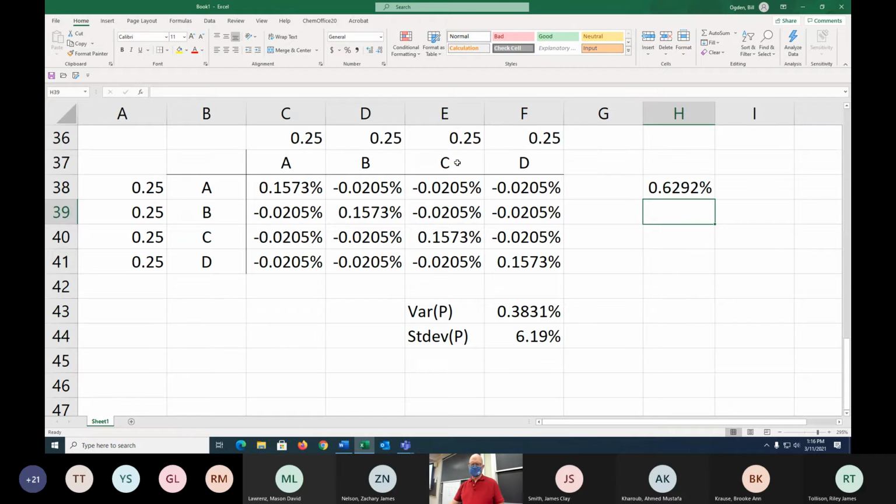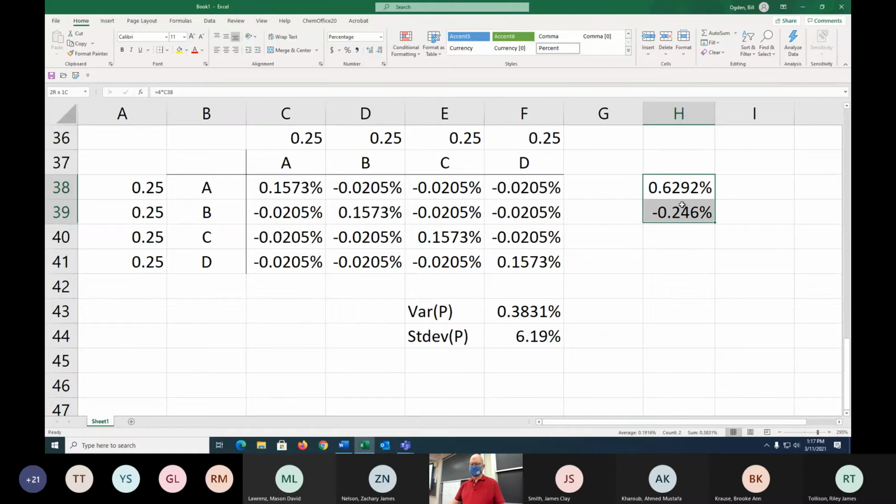And they're all the same. So let's say equals 12 times, and take any one of them. Okay, good enough.